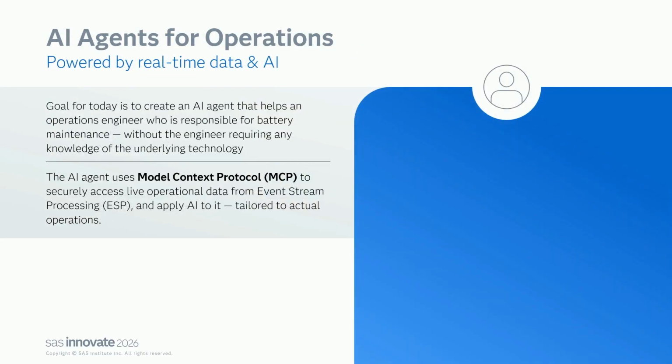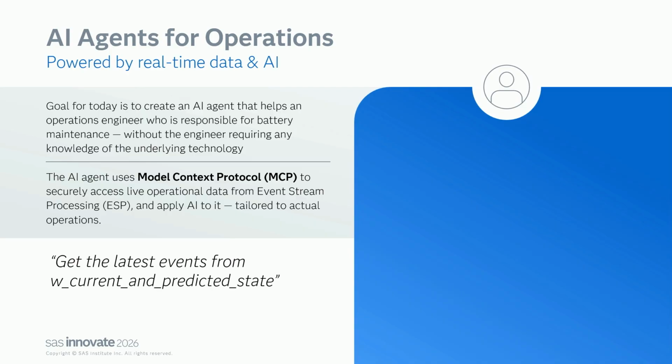Now, for today's demo, we will be creating an AI agent for an operations engineer. But this operations engineer will not have to deal with all of the technical complexity that's happening under the hood. We will make sure that the operations engineer can ask meaningful questions. What we don't want is to create a system where the operations engineer has to ask questions like, get the latest events from window W underscore something something.